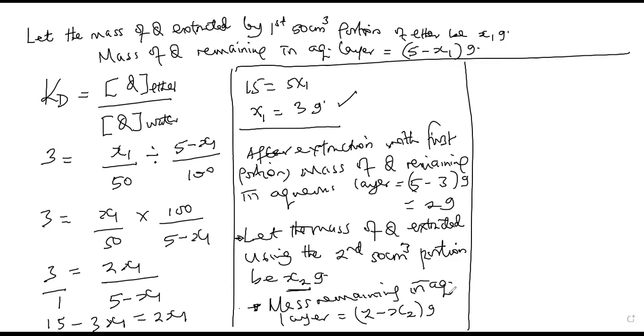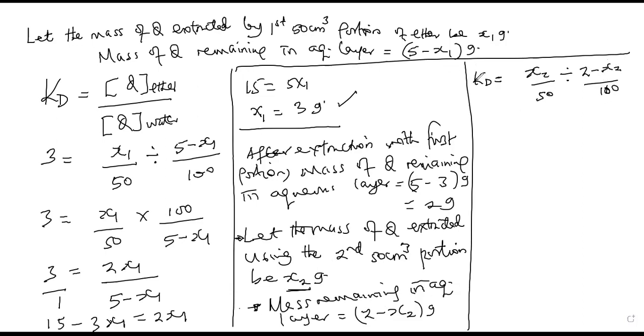So what does this imply? This would imply that Kd still is going to be equal to the concentration of Q in ether, which would be x2 out of 50, divided by the concentration in the aqueous, which would be 2 minus x2, but out of 100.